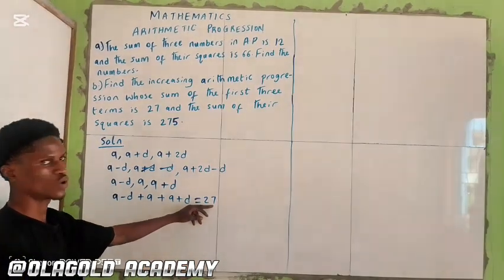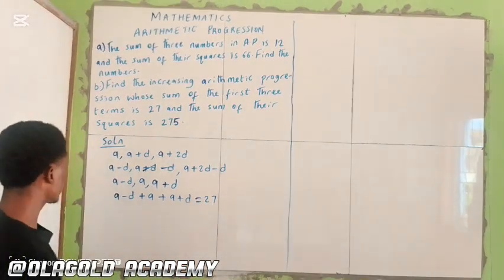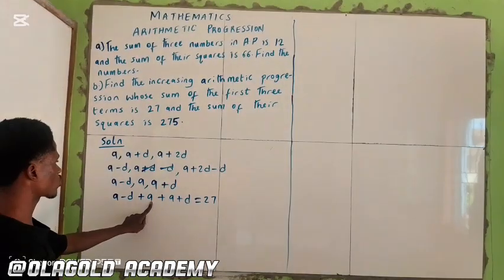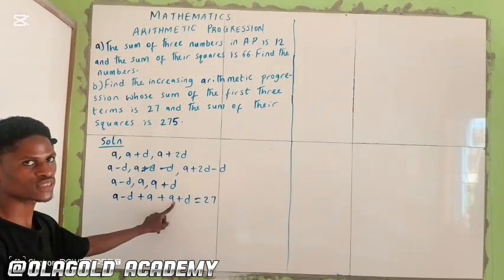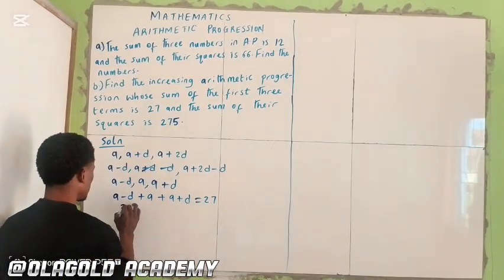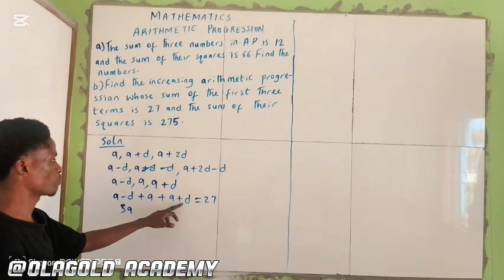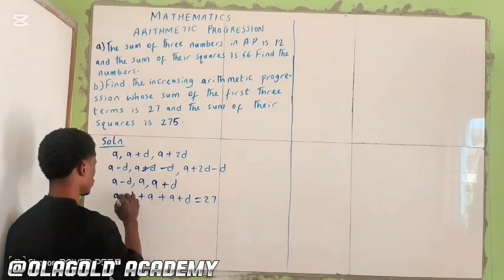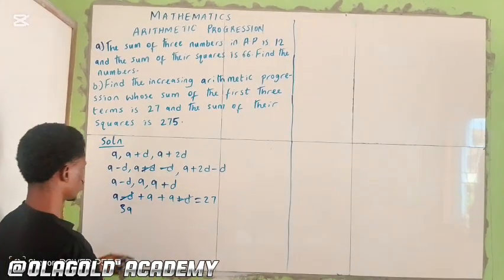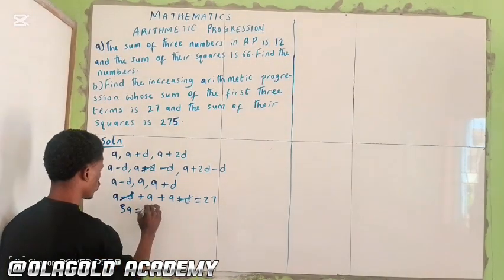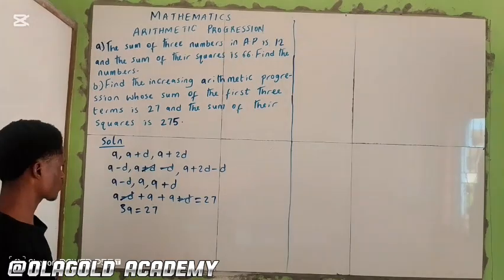Alright. So now A plus A plus A will give us 3A. Minus D plus D, we cancel out. So we are left with 3A equals to 27.